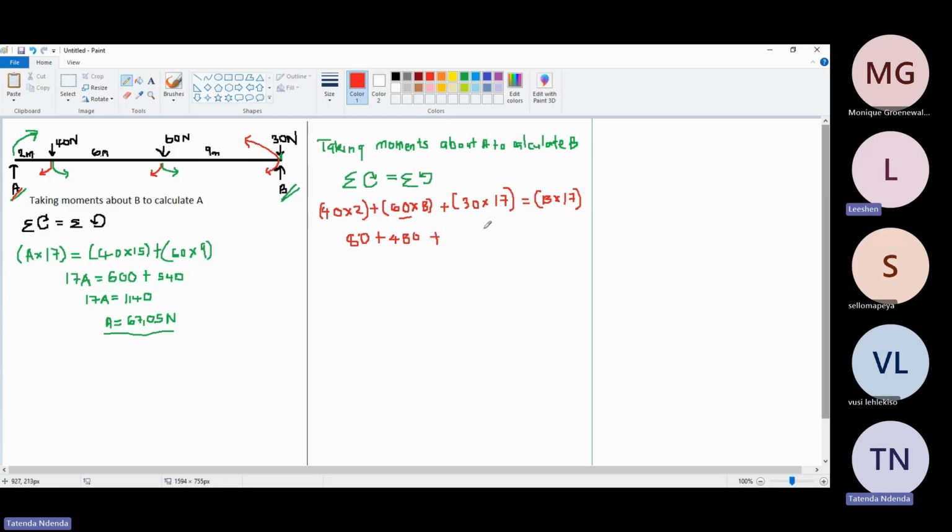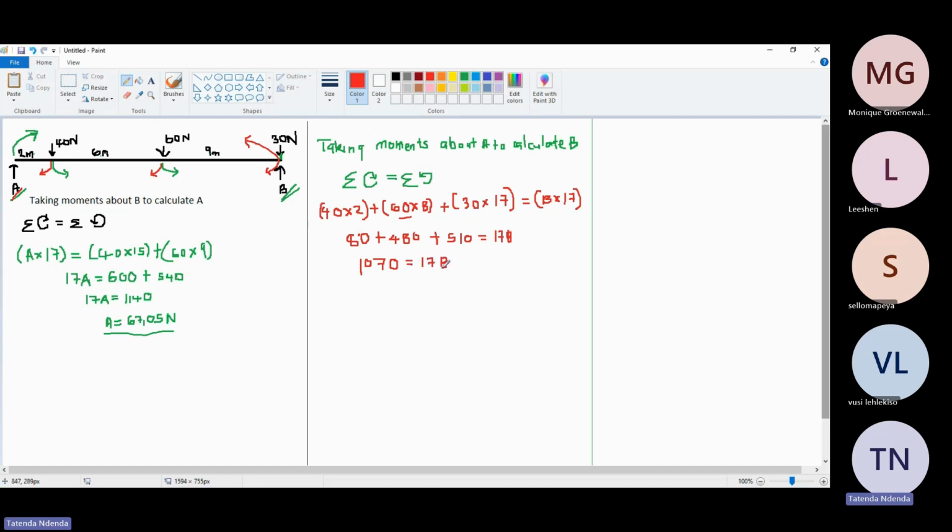Plus 30 multiplied by 17 is how much? 510. 510 is equivalent to 17B, right? So 80 plus 480 plus 510, how much do you get? 1070. 1070 is equal to 17B.